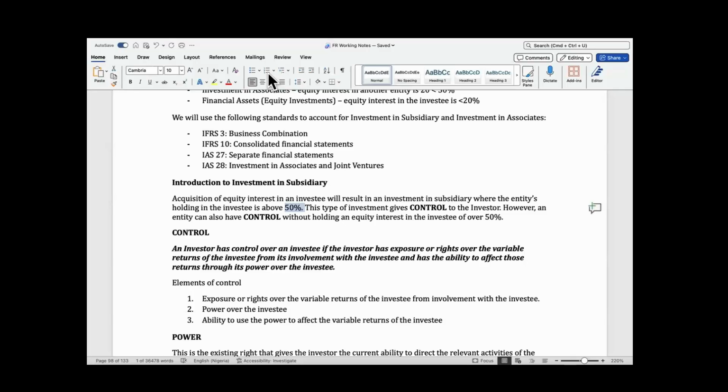Okay, as I was saying, when you have investment in subsidiary, it simply means that your holding is above 50%. And what that gives you is control. It gives control to the investor, of course, over the investee. But you need to understand something, that this control can arise even if your holding is not up to 50%.